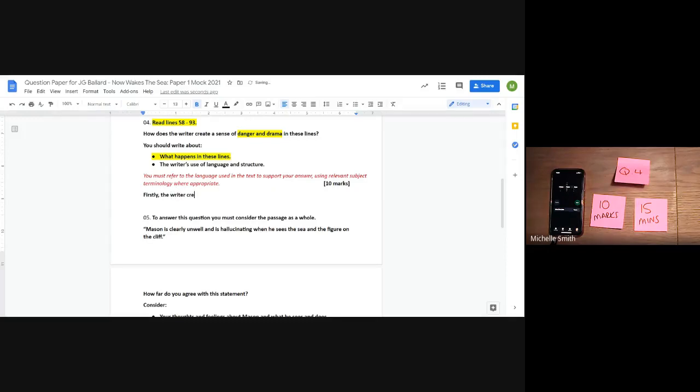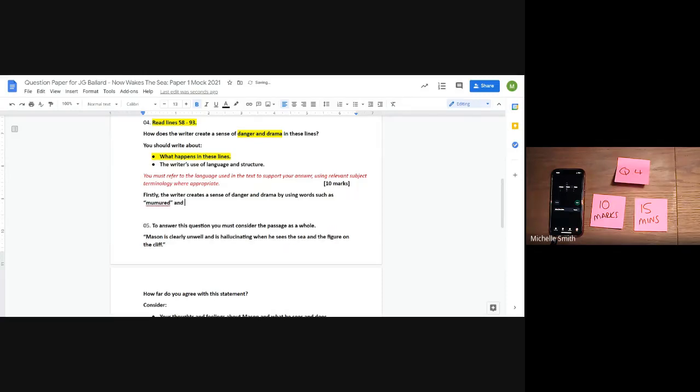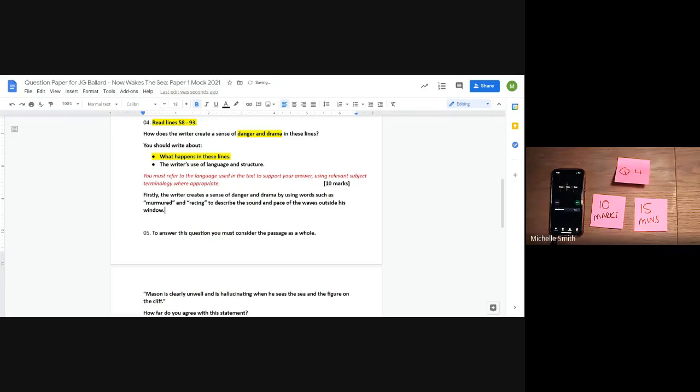The writer creates a sense of danger and drama using words such as murmured, and racing to describe sound, pace, waves outside his window. I think those words make this sound dramatic.